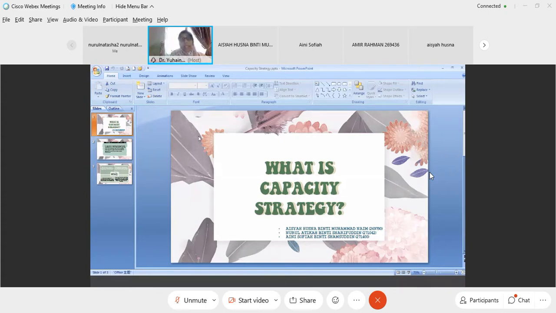Why do we need to know capacity strategy? Because we need to know what strengths we have and what weaknesses we have. Capacity is the ability we have, how far we can go.